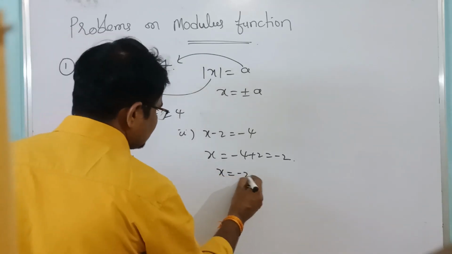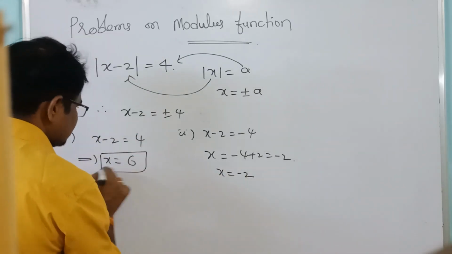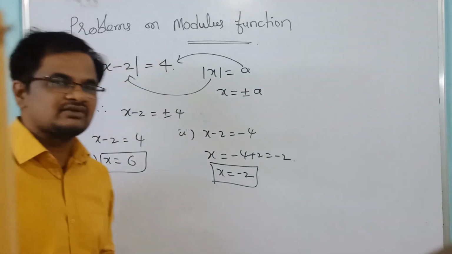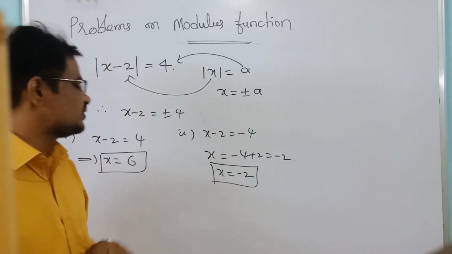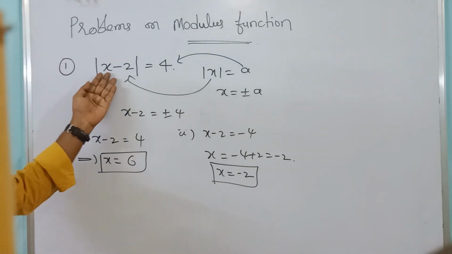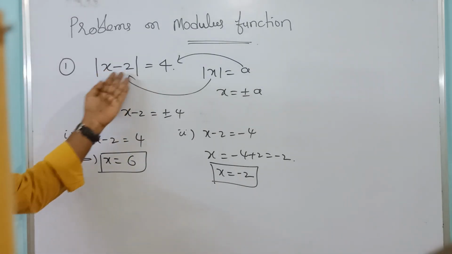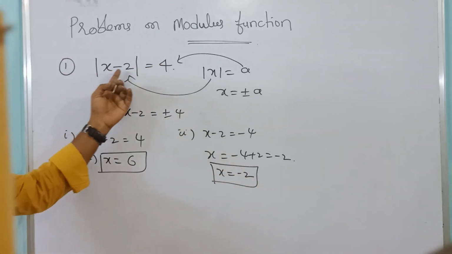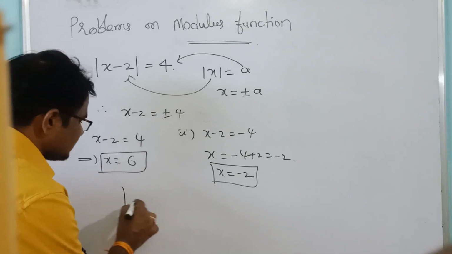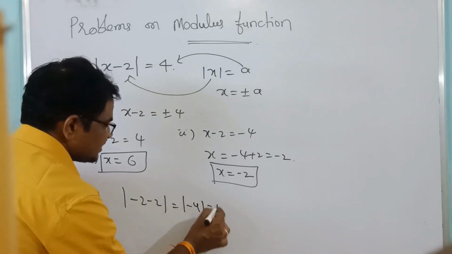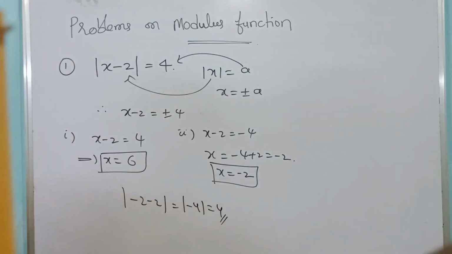These two are solutions of the given equation. You verify by substituting: modulus of 6 minus 2 is 4, or substituting minus 2, modulus of minus 4 is 4 only.